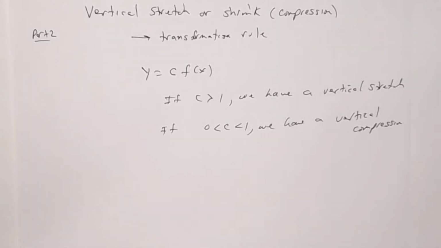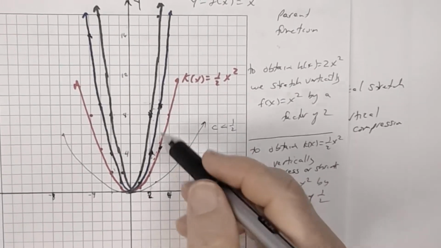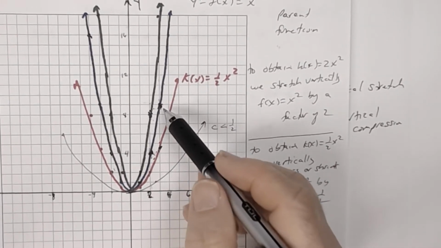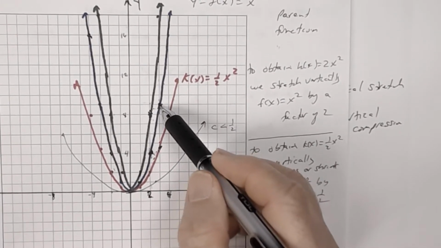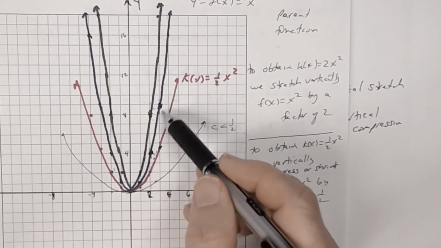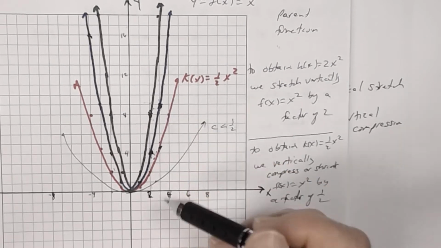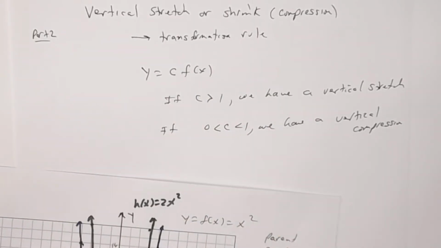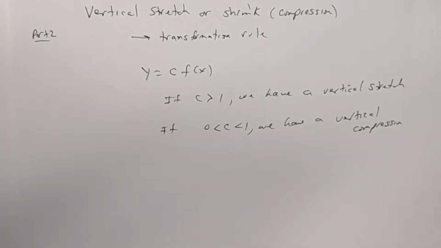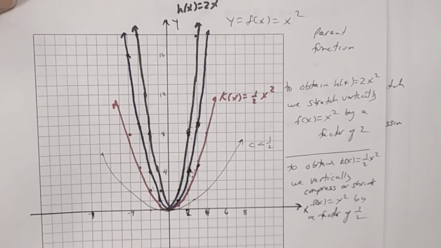In this case, we want to determine how to transform a point if I'm given a point on f of x. What's the rule? That's what we're trying to find: the transformation rule. So we're going to go back and forth to our previous lesson where we had these graphs.